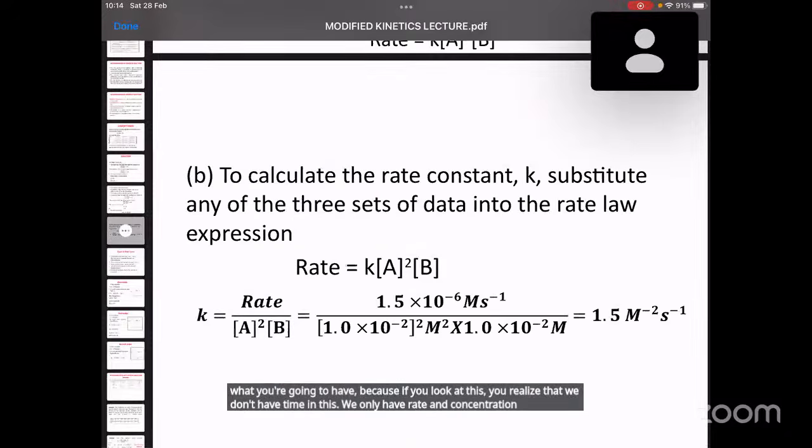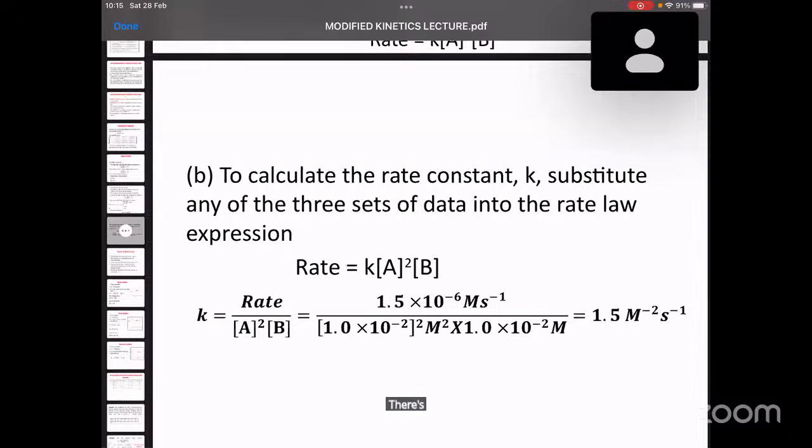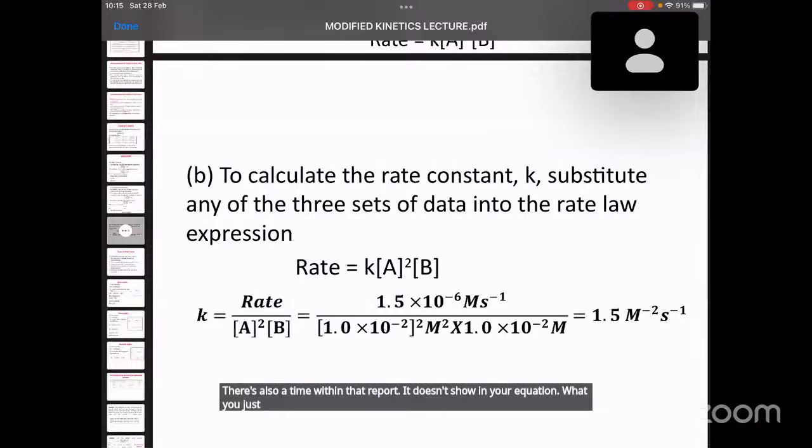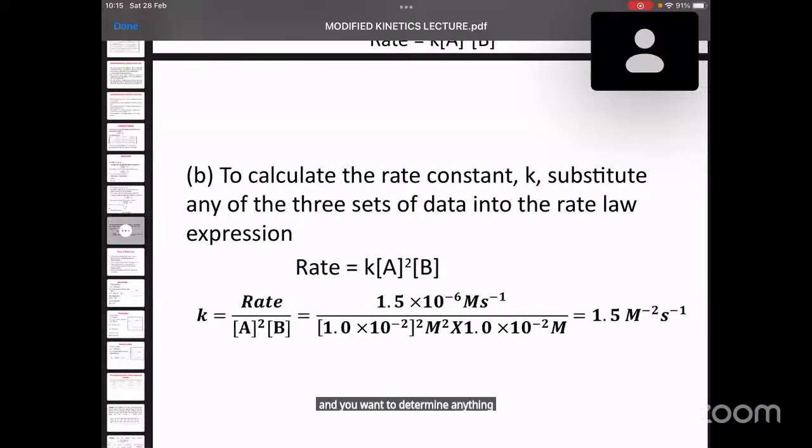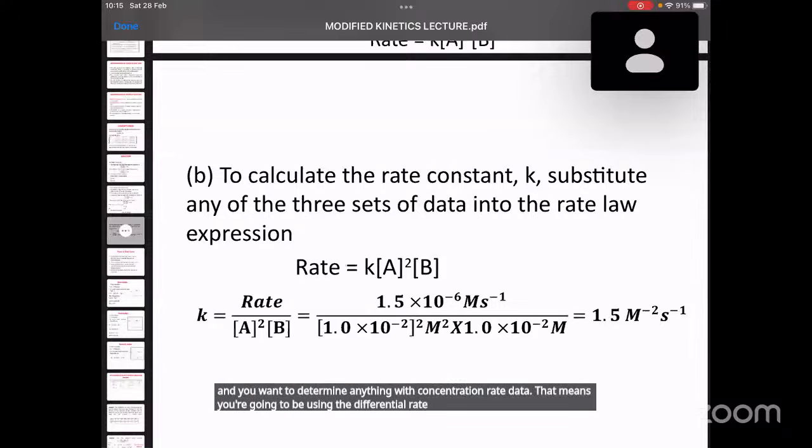But I'm sure you know that within that rate there's also time, but it doesn't show in your equation. What you just see is rate and concentration, meaning that anytime you have concentration-rate data and you want to determine anything with it, you're going to be using the differential rate law, because that's what you have.